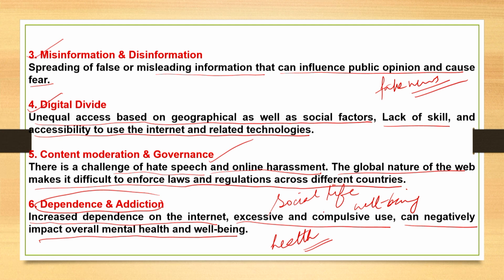The excessive use may cause anxiety, depression, obesity, migraine, headaches, and eyesight problems. So, too much use of the internet can affect the health as well as the social life.